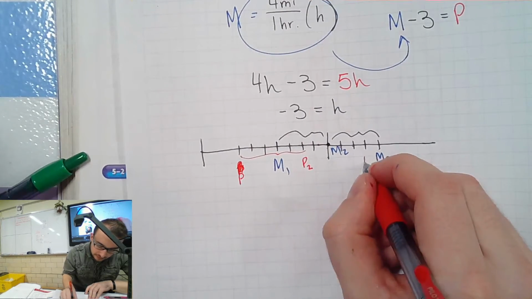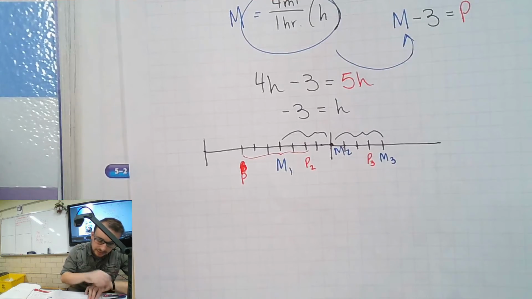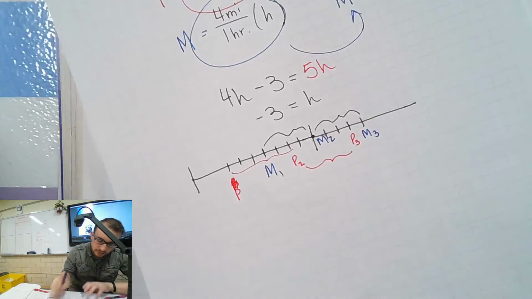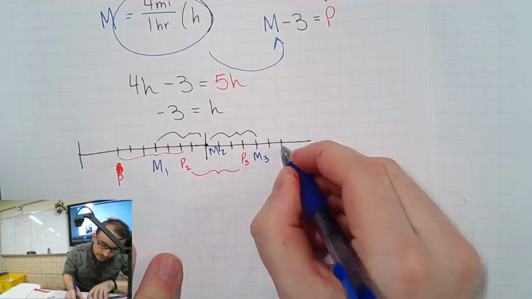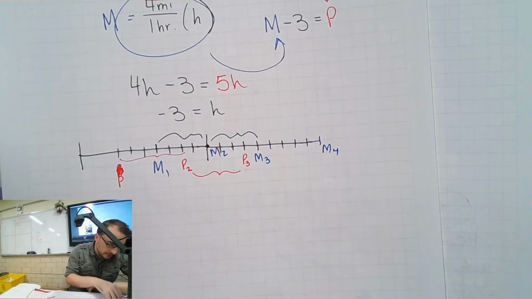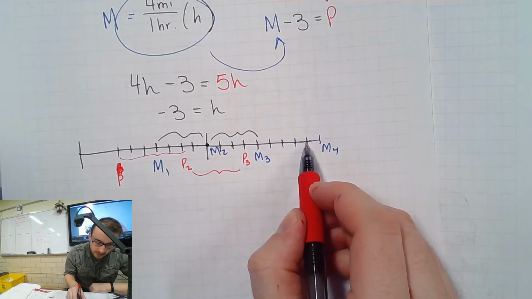So now Pablo's here. That's after 2 hours. After 3 hours, Mark's going to be here, 5 ahead. 1, 2, 3, 4, 5. And Pablo, 1, 2, 3, 4, 5. One behind.